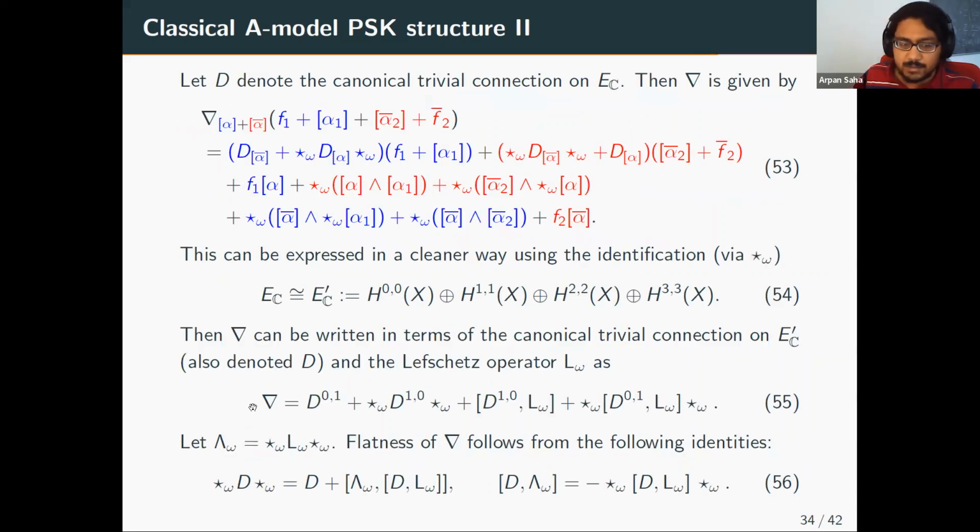And in fact, the flat connection can be written in a very nice way using the Lefschetz operators. You can identify E with the even cohomology, and then you can write down the flat connection in terms of the Lefschetz operators.